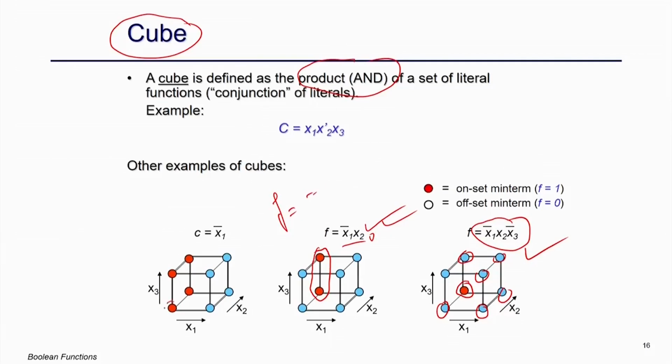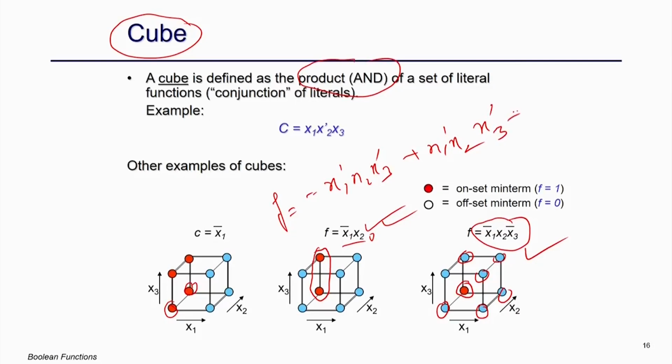So this is basically x 1 bar, x 2 bar, x 3 bar, right. This is basically x 1 bar, x 2, because that is 1, and x 3 bar, right.